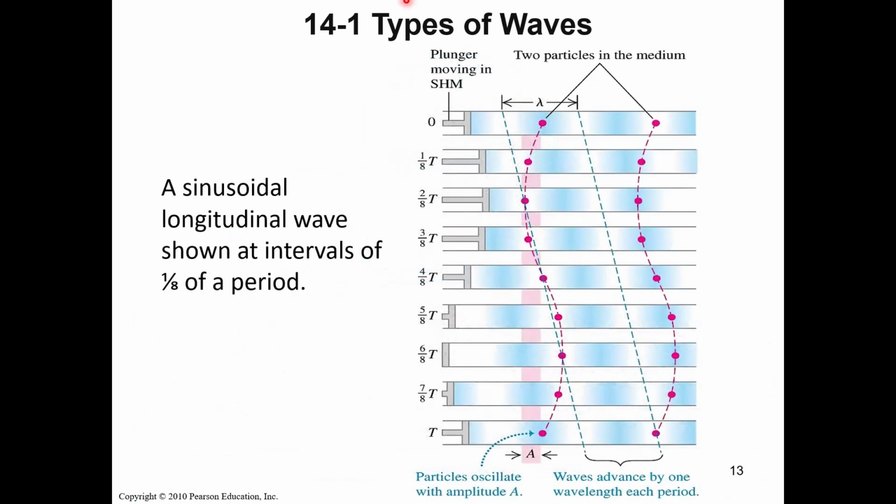Okay, we can also track it like this. We make a lot of time slices. This is time 0, this is 1/8 of a period, and then this is a period. So we can track a single molecule in here. The single molecule moves towards the left first, and at 1/4 of the period it is at the most left, and then at 1/2 of the period it goes back to the middle, and then keeps going towards the right.